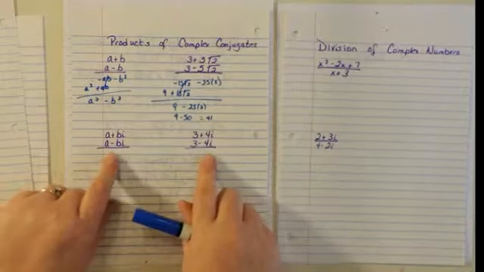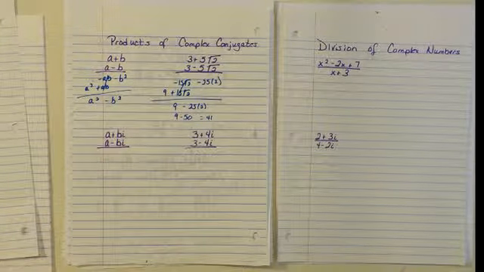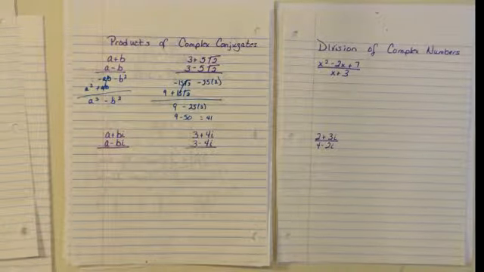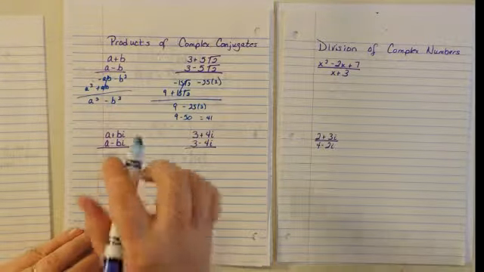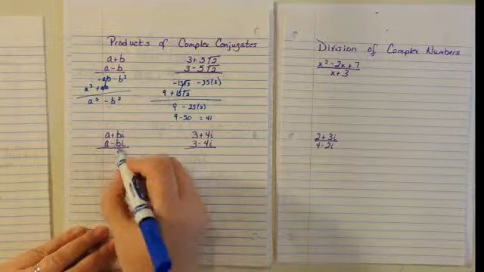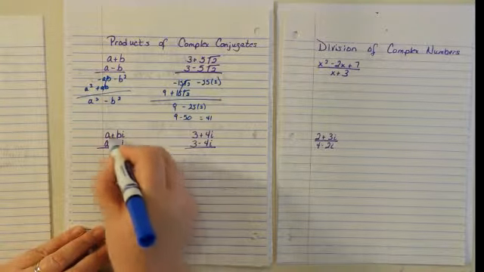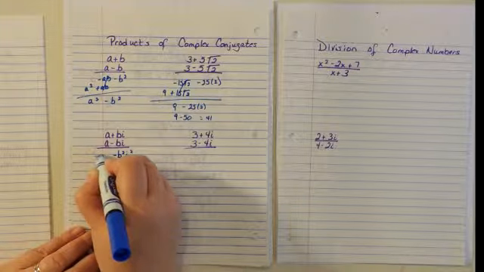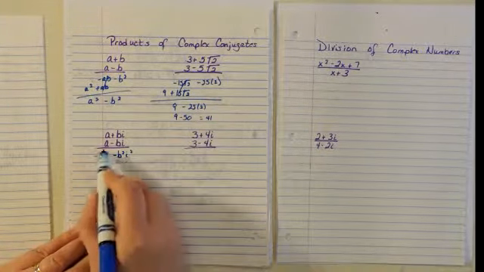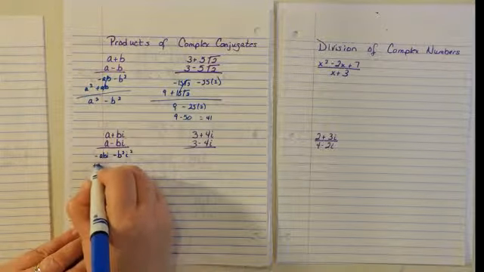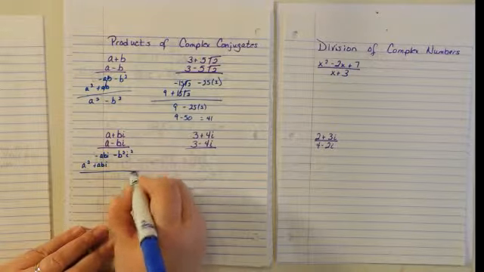When we multiply the conjugates of complex numbers, we're going to get the sum of two squares. So let's try that. Here we have negative b squared i squared, minus abi. Here we have positive abi and a squared, right?